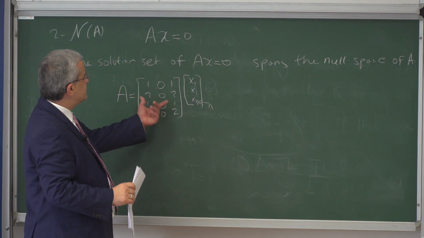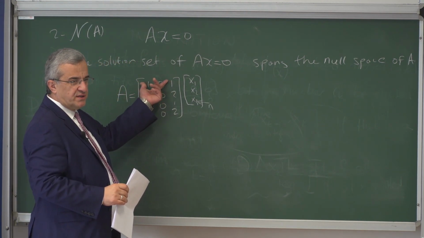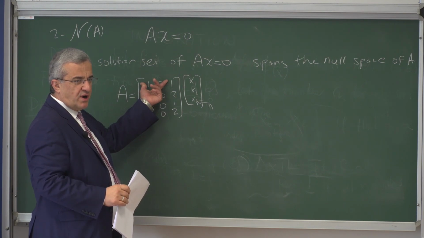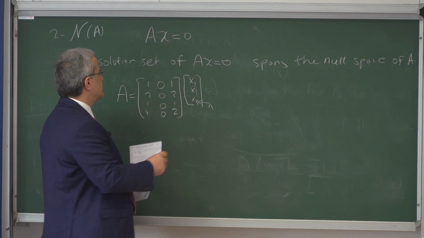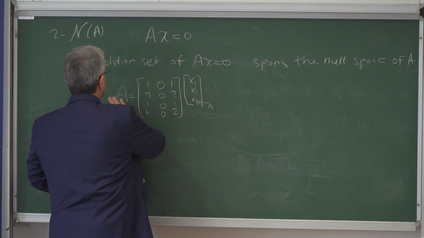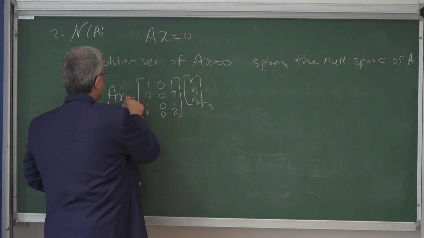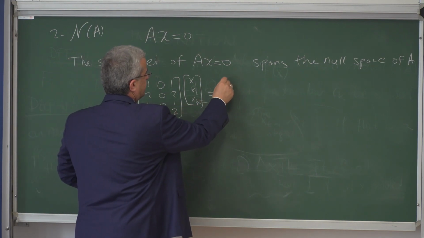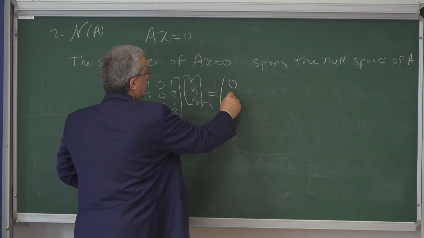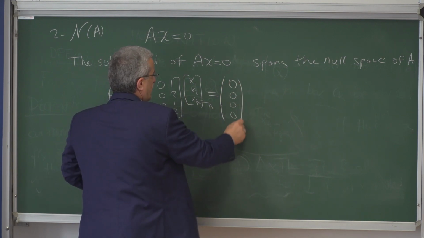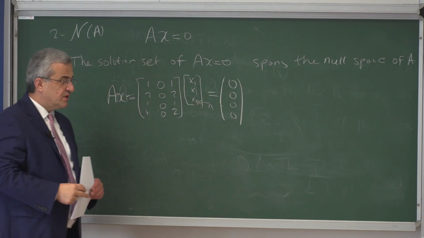So if this was full rank, then what would be the only vector that has a solution for this? Okay, so this is AX. So how many components do I have here? 4, right? M components, okay?